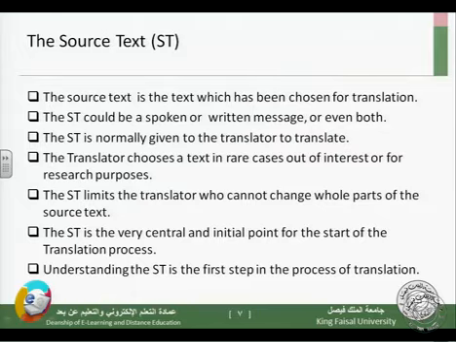He can't. The source text is the very central and initial point for the start of the translation process. Okay, the source language is number 1. The source text is number 2. But the source text is the initial starting point for the translator to start his process of translation.